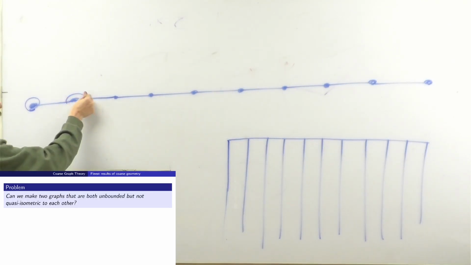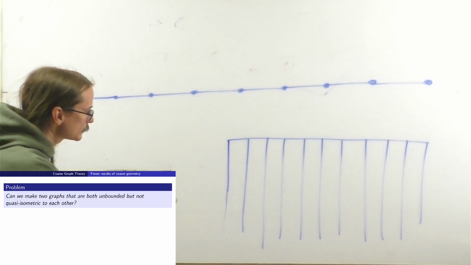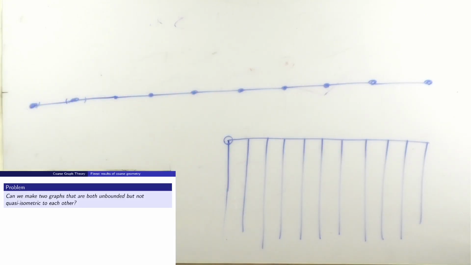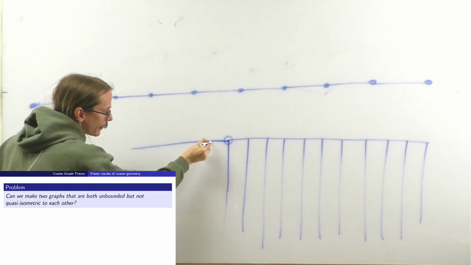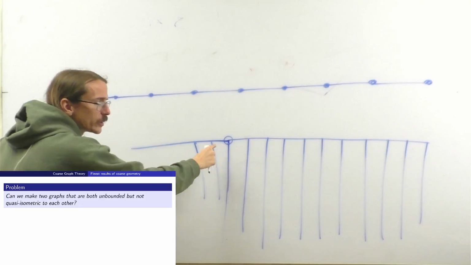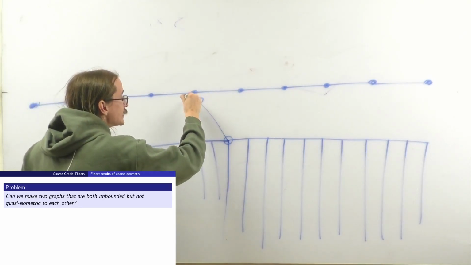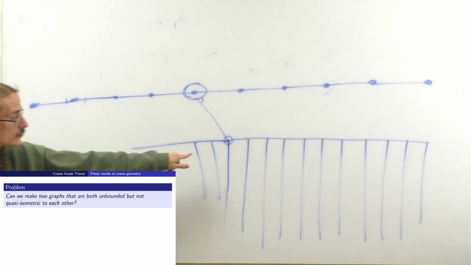I think I want to go the other direction. This point here has the area around it. Yeah, this is the way. This goes off forever back this way. This point here has some image up in here. Let's say it's this point right here.